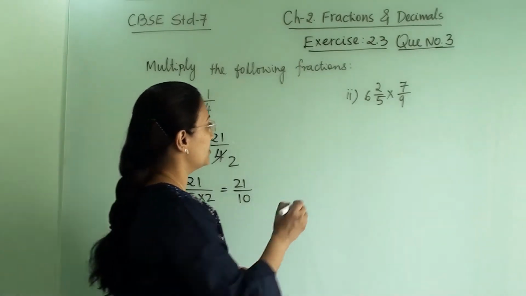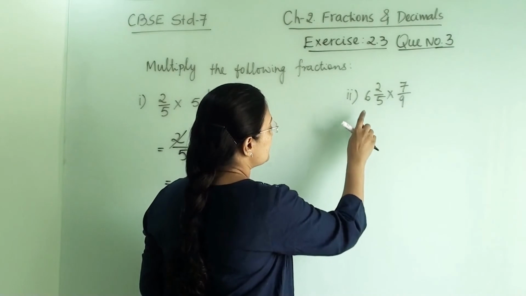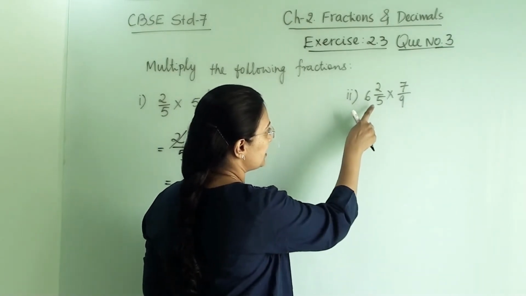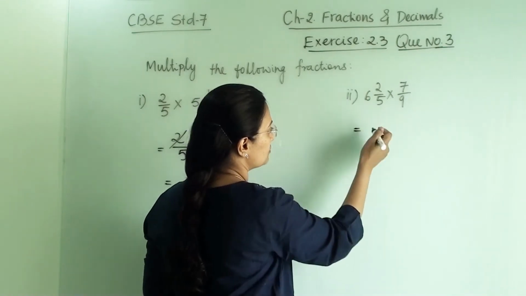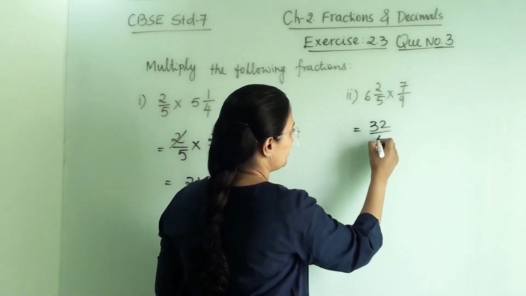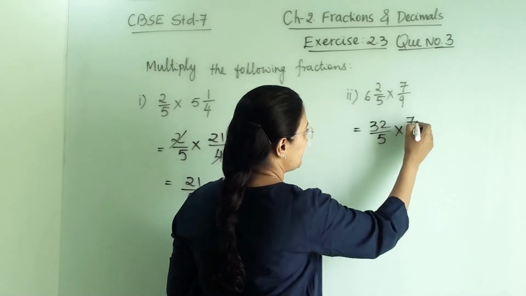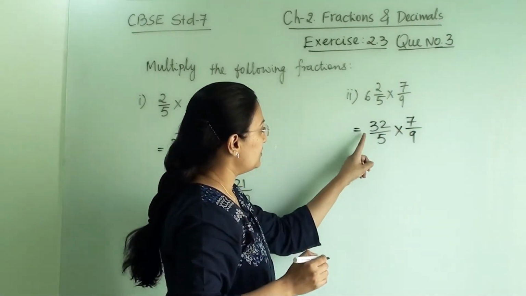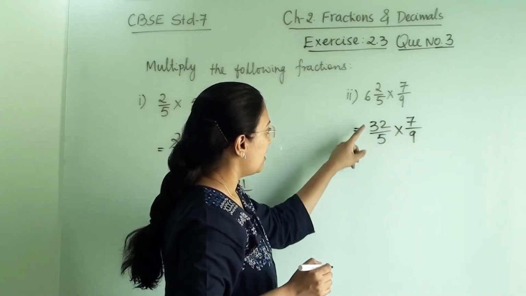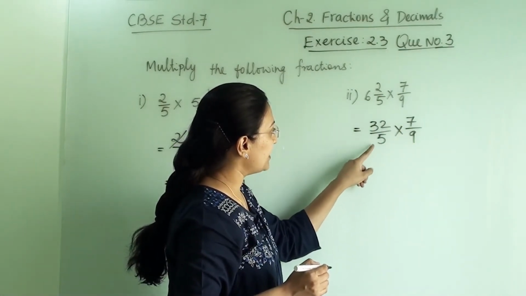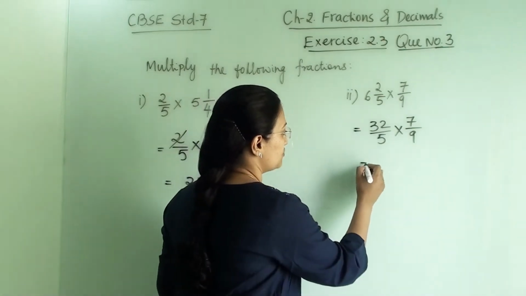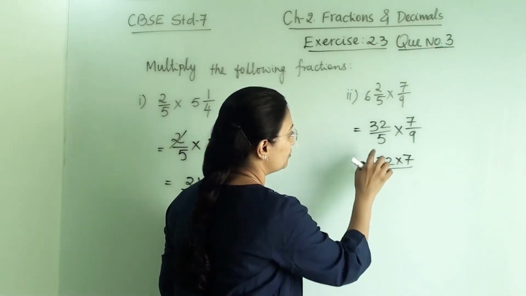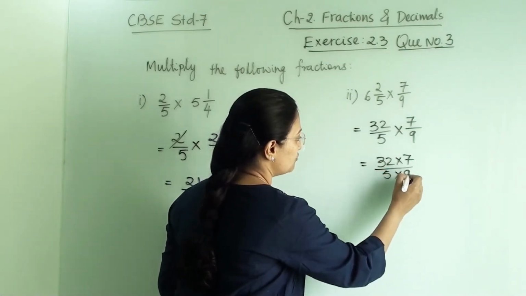Now the next numerical. First is mixed fraction. So we have to convert it into improper fraction. 6 into 5, 30 plus 2. So it is 32 divided by 5 multiply with 7 into 9. So now we will check whether we can divide anything above and below. No, we cannot divide anything here. So here it is 32 into 7 and in the below 5 into 9.